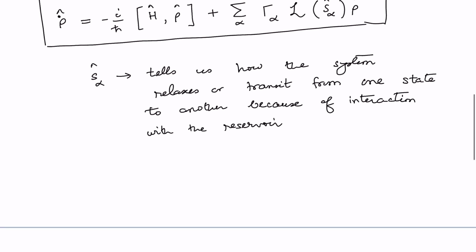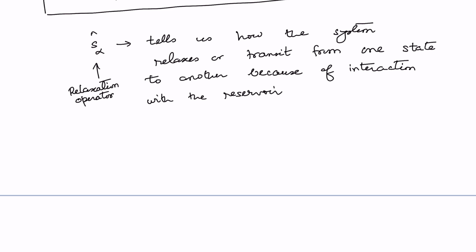And this is the reason why sometimes this S alpha is also known as the relaxation operator, because it simply tells us how the system relaxes from one state to another. And gamma alpha gives us the various decay or transition rates.